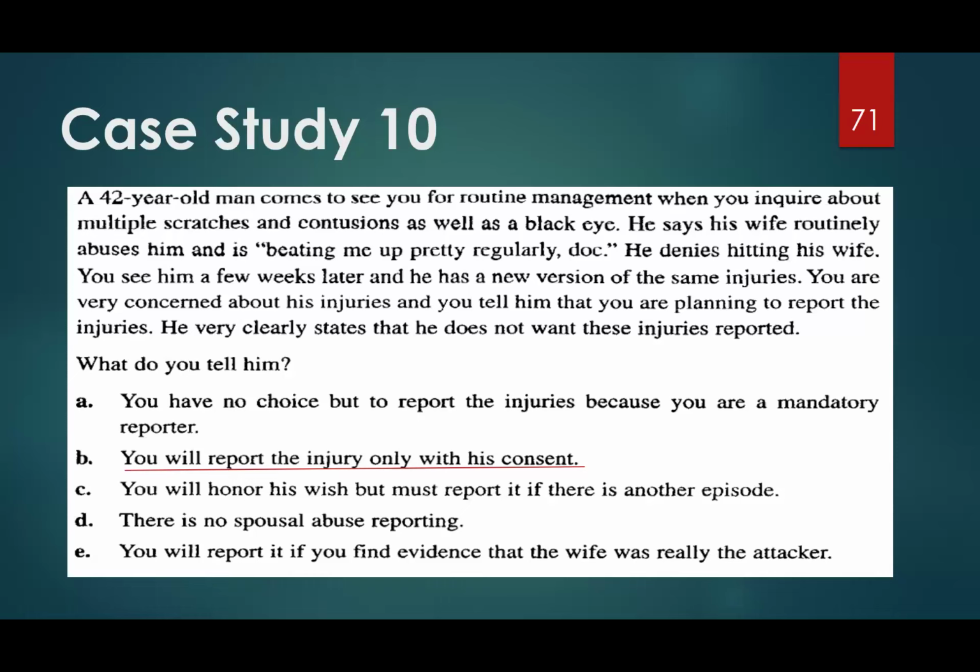So here you cannot report the injury except after the consent and approval of the victim, even if this injury is recurring again and again with the same type of abuse and violence.